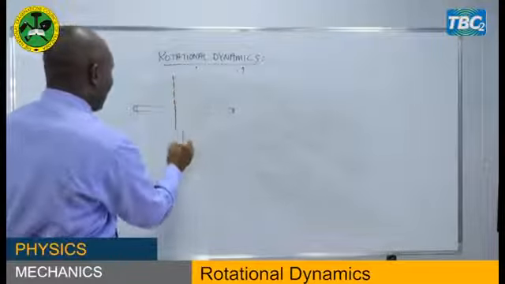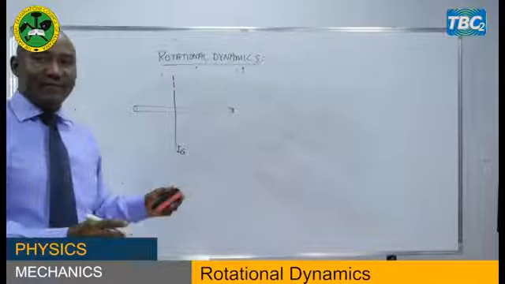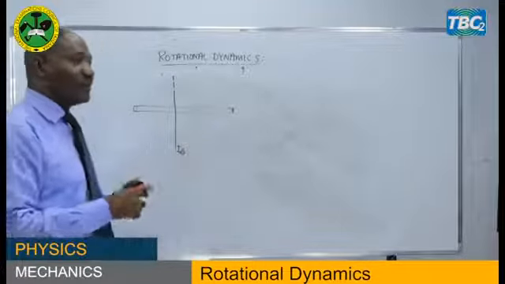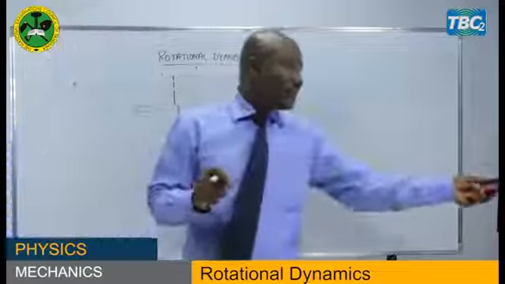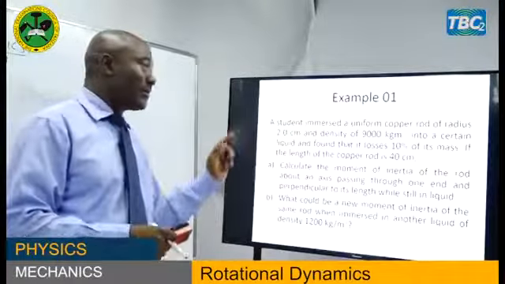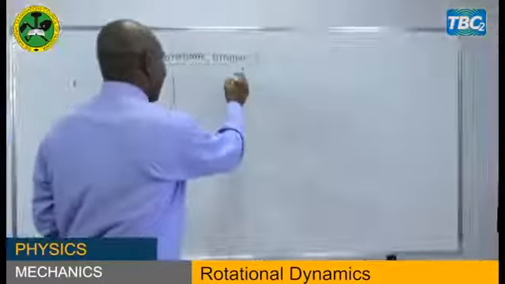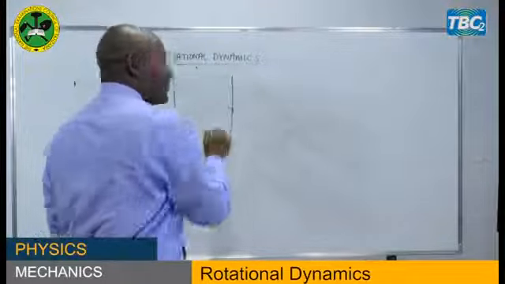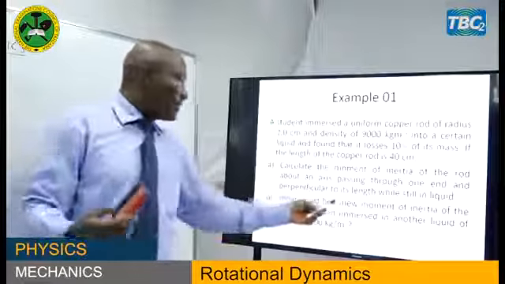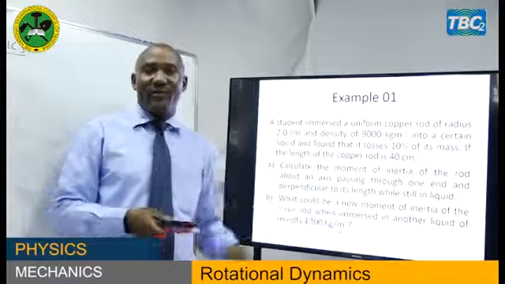We know this is the center of mass. But this time you're looking for the moment of inertia of the same rod about an axis passing through one end and perpendicular to the plane. Mind you, that particular rod is still in liquid.